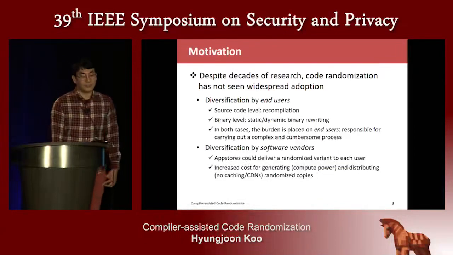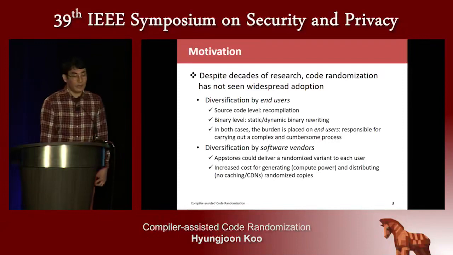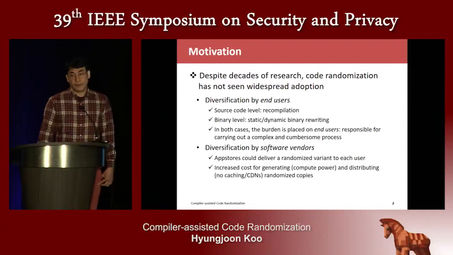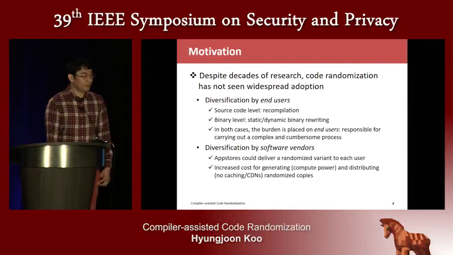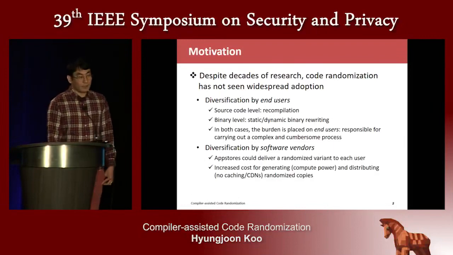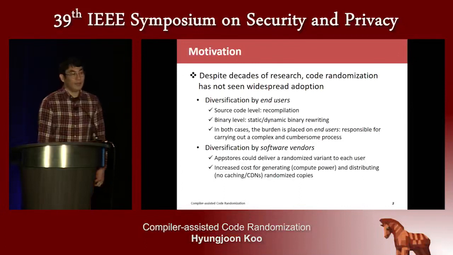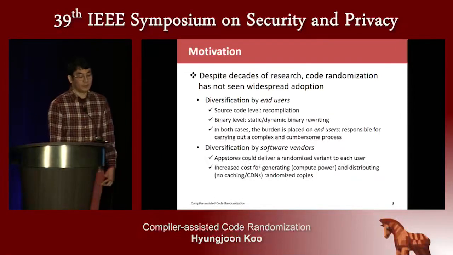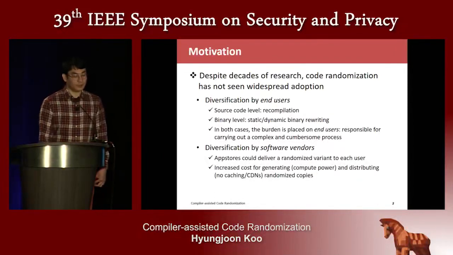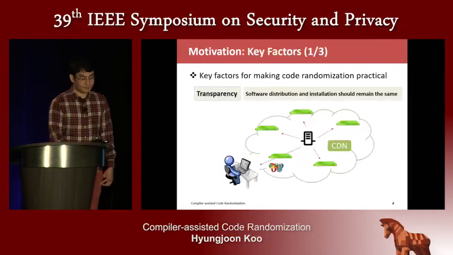But in both cases, they are responsible for performing a complex and cumbersome process. Software vendors also can deliver randomized variants to each user through app stores. But if you think about any software that is used by tens of millions of users, like web browsers, it would be very costly to generate and distribute the randomized copies.